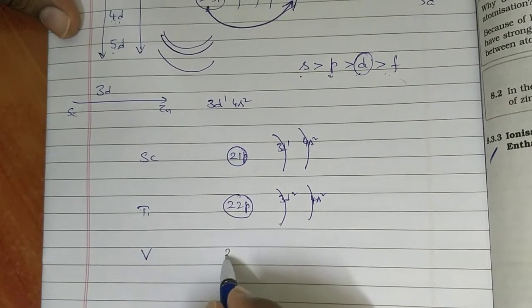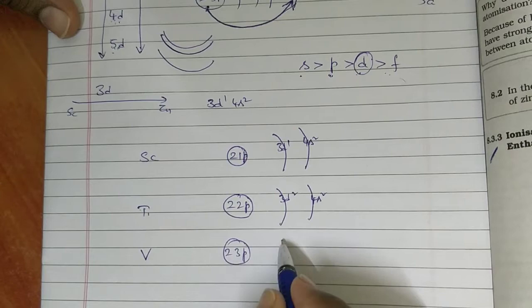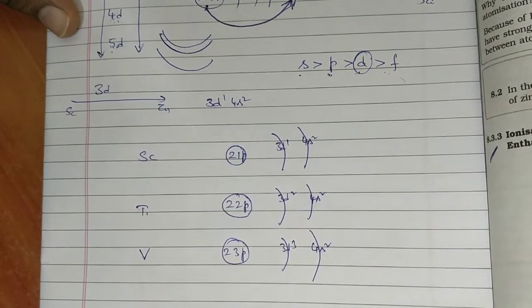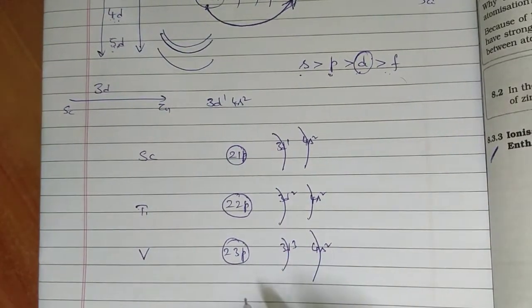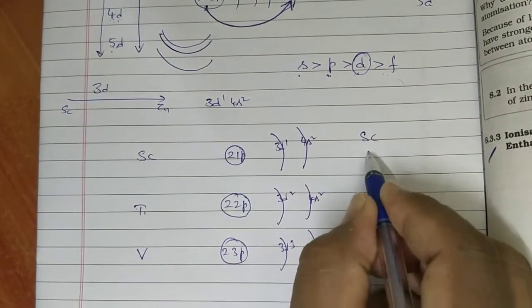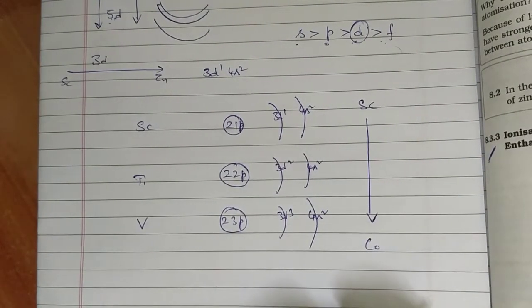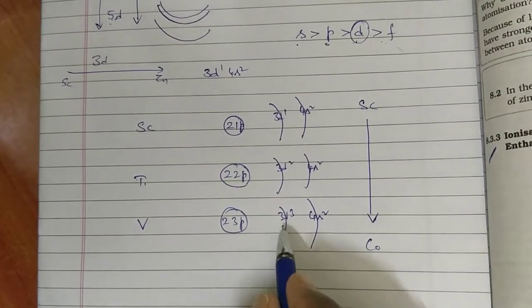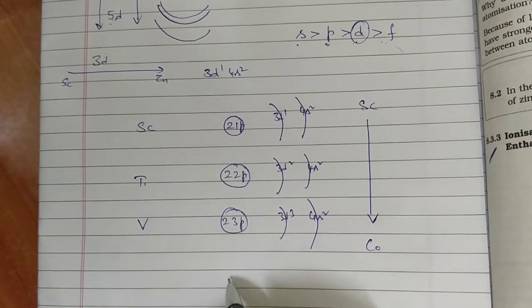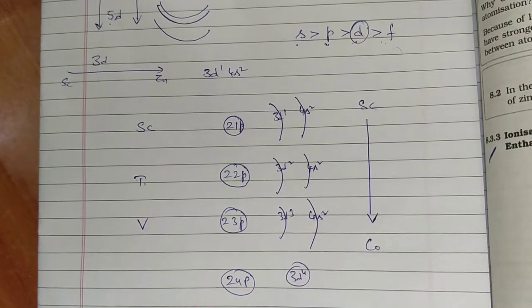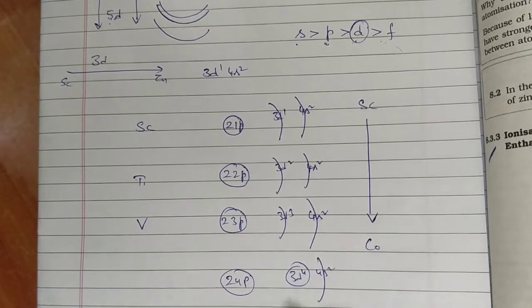Vanadium contains 23 protons. Third shell 3d3, 4s2. Coming to scandium to cobalt. Next element 3d4, 24 protons, 3d4, 4s2.